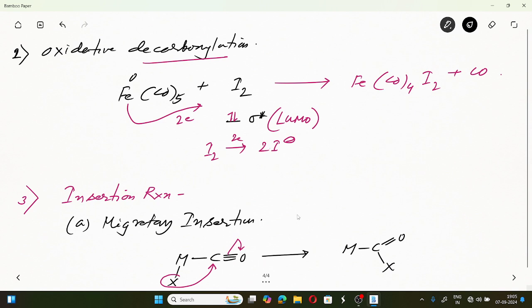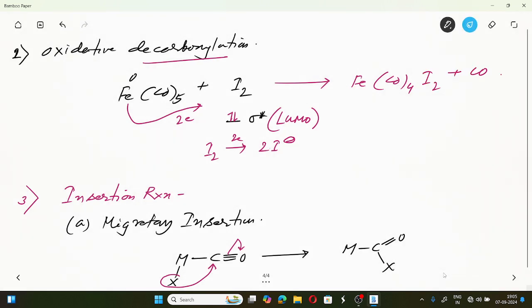Please try to understand, this is not organic chemistry, and since the octet rule is not applicable for organometallic complexes, don't try to think in terms of the octet rule, because in organic chemistry you can explain everything with the octet rule, but here it does not work. So actually a complex like this is formed.